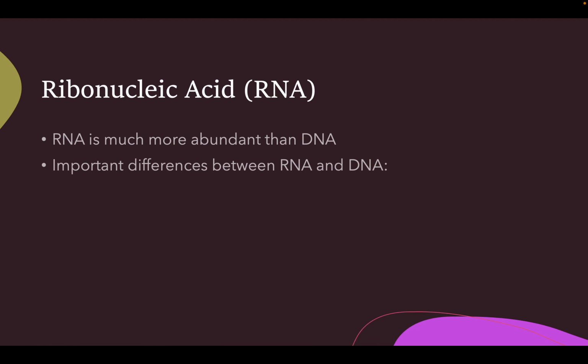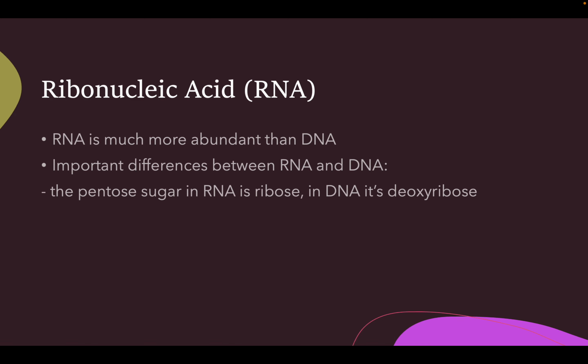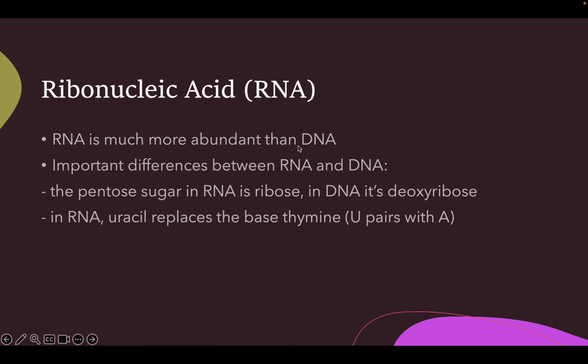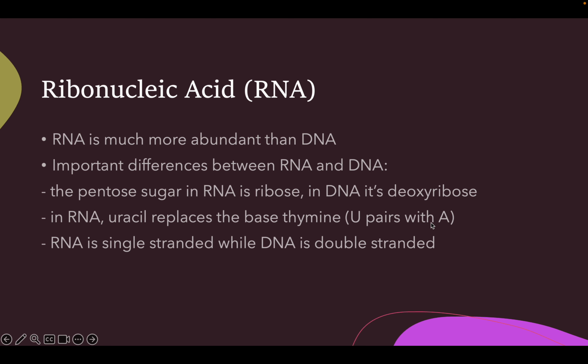So there are some differences between RNA and DNA. The first difference we have already talked about is the sugar. One contains ribose and the other contains deoxyribose. And in RNA, uracil replaces thymine. So U pairs with A instead of T pairing with A. And RNA is single stranded while DNA is double stranded.